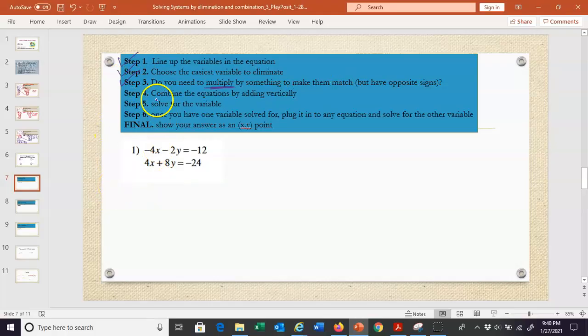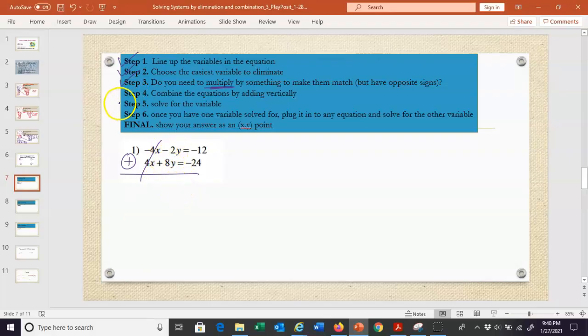Let's do step 4. Let's combine the equations by adding vertically. So it's like good old-fashioned addition, right up and down. -4 plus 4, that is eliminated. And again, that's the whole point, to be able to eliminate a variable so we can solve for the missing variable.